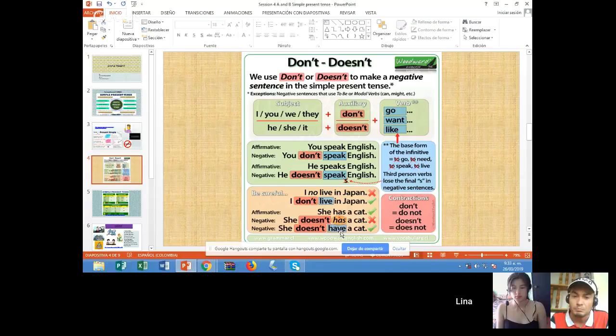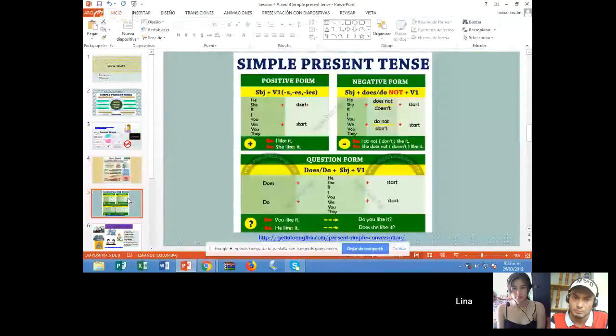So it's just like that. She doesn't have a cat. Okay? The contractions like I explained before: we use do not or don't, or doesn't, does not. But always we use the contraction, especially when we are talking.